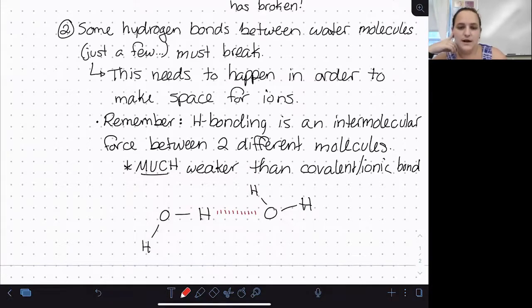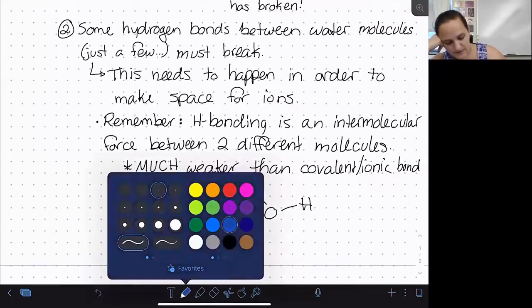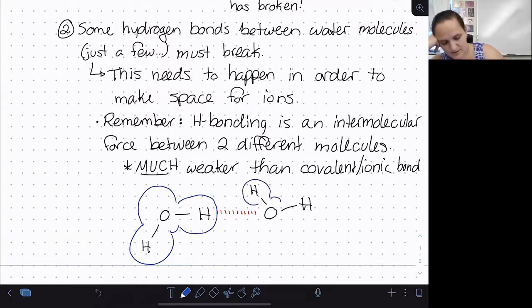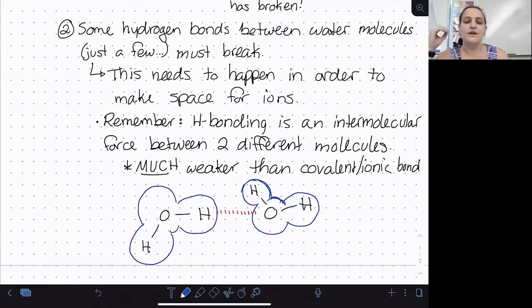So you should never ever indicate that these two things are connected by a solid line. A solid line means a covalent bond, which is not what we're showing here. So if this is one water molecule over here, this is a separate water molecule, and they are attracted to one another through hydrogen bonding.